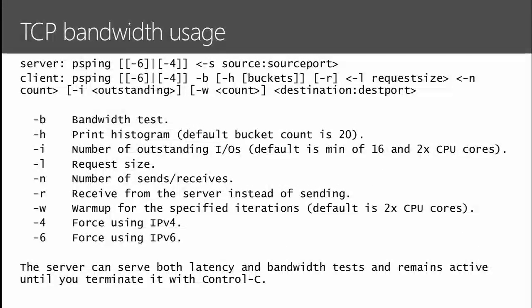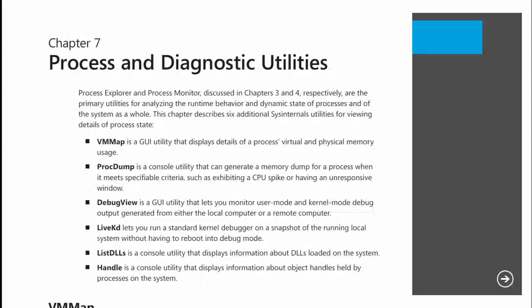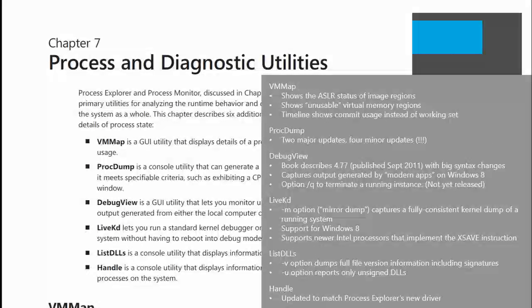It saturates the channel, so you've got multiple threads hitting it all at once and trying to see how long it takes to get a large amount of data through. So all that is built into PsPing, the second most recent utility. A new utility just came out in the last week or two, and I'll demonstrate that much later on in the session.